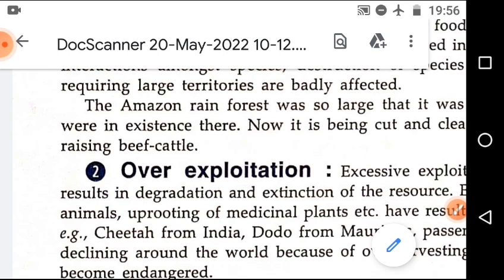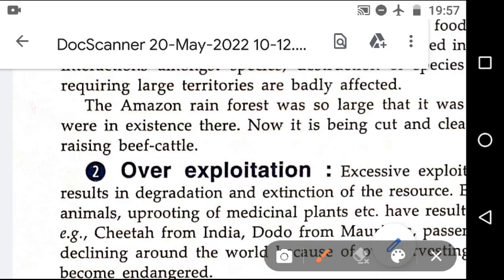So over-exploitation is another cause. Fragmentation is a cause. Over-exploitation means too much use of a resource. We have spoken about sustainable development.